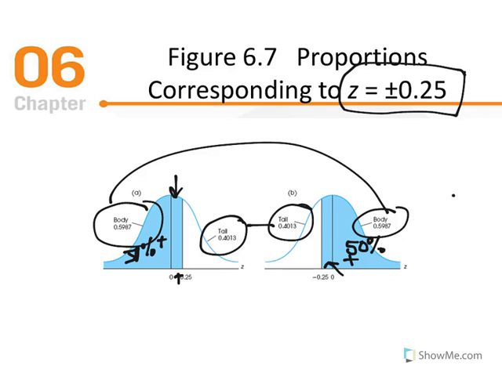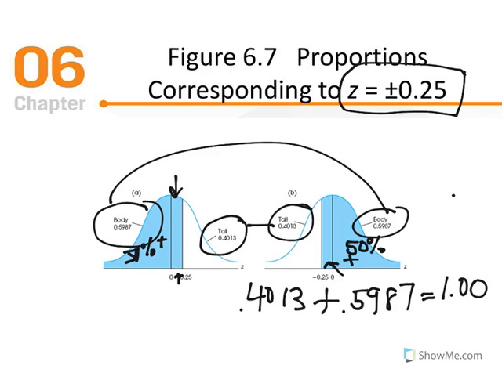So if we took the tail and the body of any z-score, so in this case 0.4013 plus 0.5987, you should see that it's equal to a proportion of 1 or 100%. So again, the proportions will be identical.